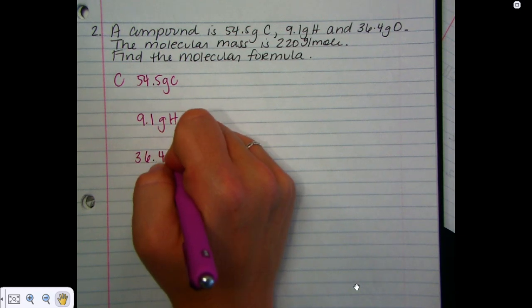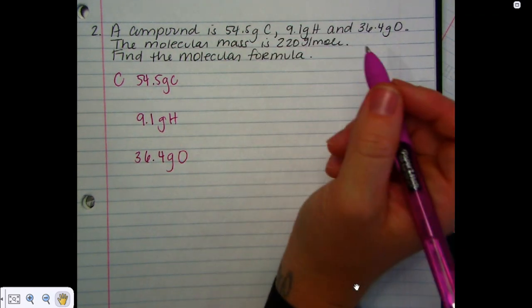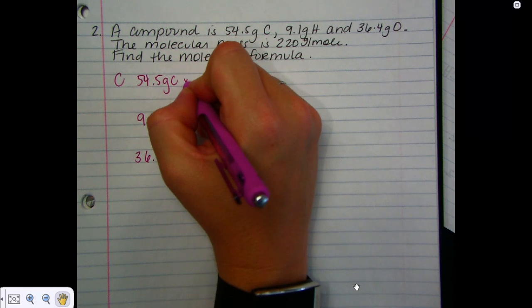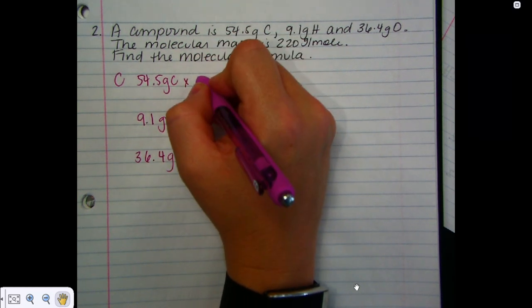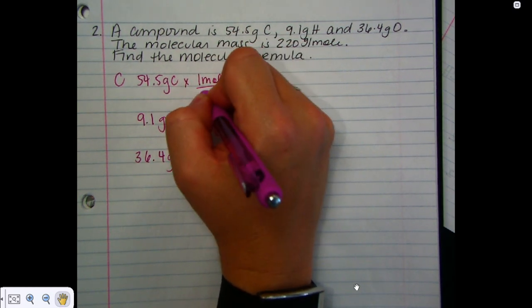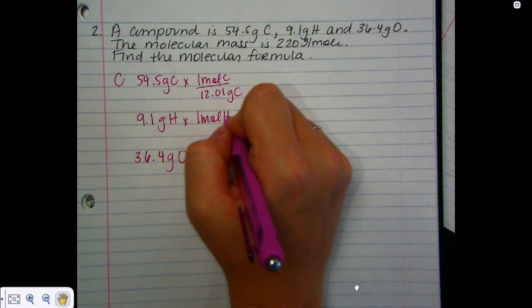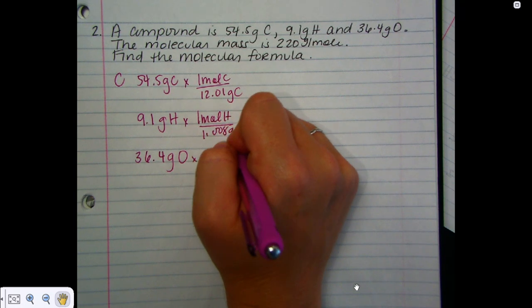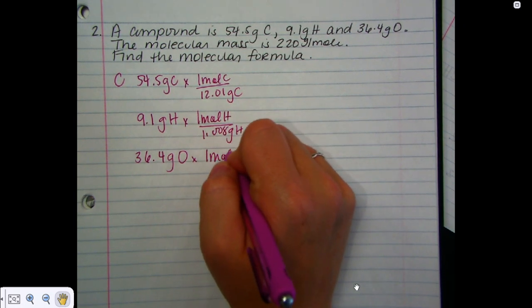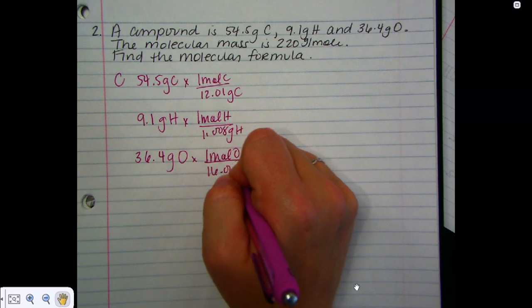The easiest way to do this is just take them in the order that they're given. So grams to mole: 1 mole of carbon over 12.01 grams, 1 mole of hydrogen over 1.008 grams, 1 mole of oxygen over 16.00 grams.